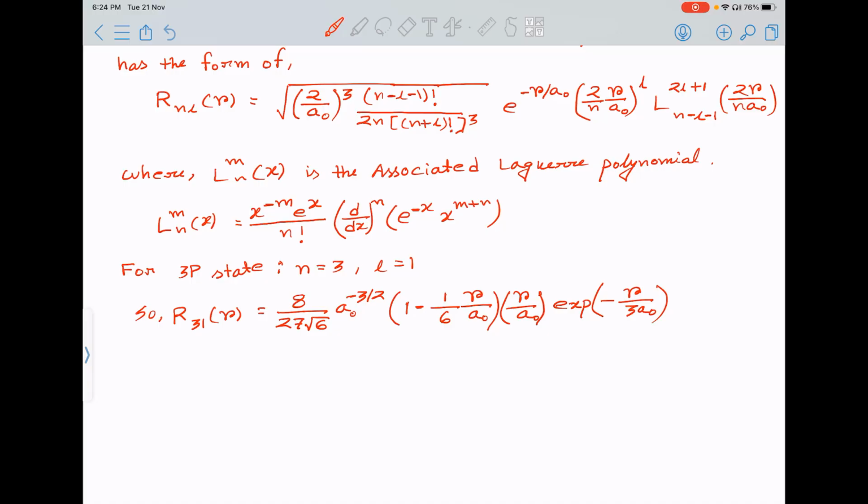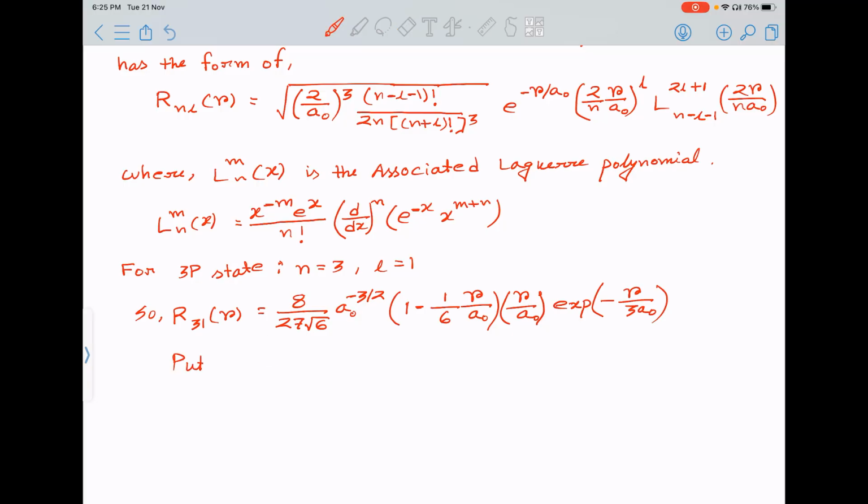So I can write it as capital A times r by a naught into (1 minus 1 upon 6 r by a naught). It is better to put a variable in place of r by a naught first.